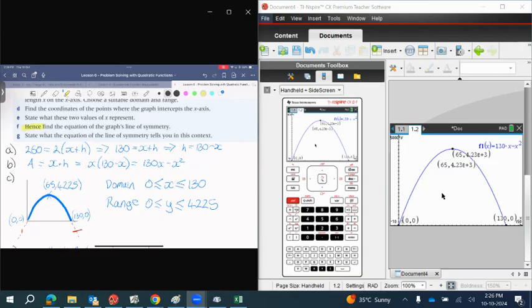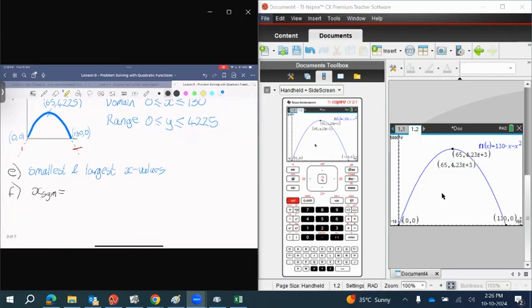In the previous one, it says state what the two x values represent. These are the x-intercepts. Then it says hence, so it means use your previous answer for this one. So we need the midpoint formula that we've been using, x1 plus x2 over 2. That's going to give us the symmetry line is (0 plus 130) over 2. That's 130 divided by 2, which is 65.